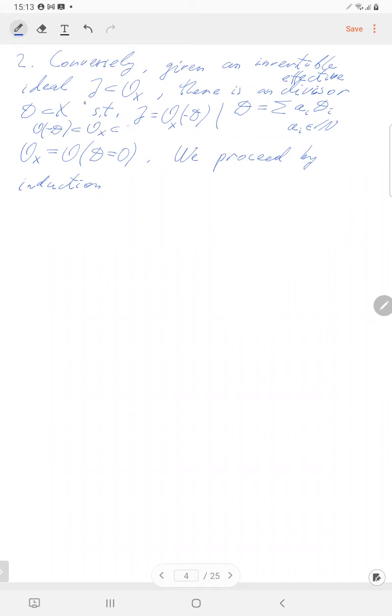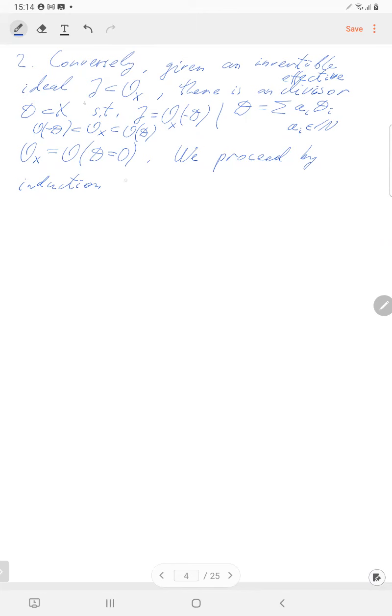That is in turn contained in O of D, for effective divisor D. Right? So O of negative D are regular functions with some conditions on their zeros. They're required to have zeros along this divisor D. But O of D are rational functions with some restrictions on their poles. So they must have poles of order not more than A sub I. Okay, so we proceed by induction.